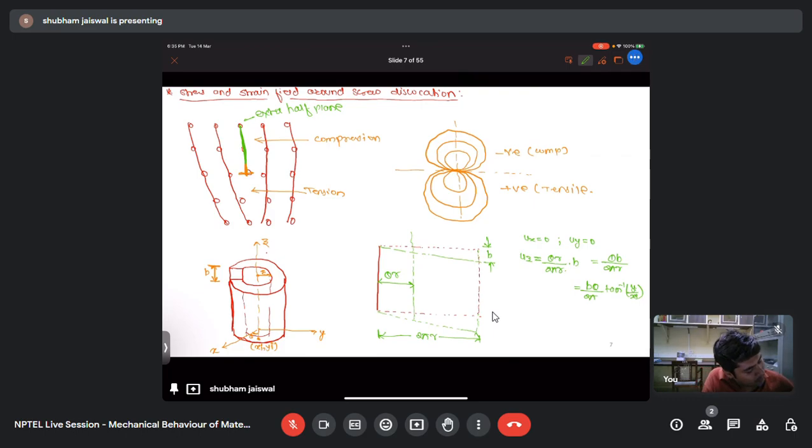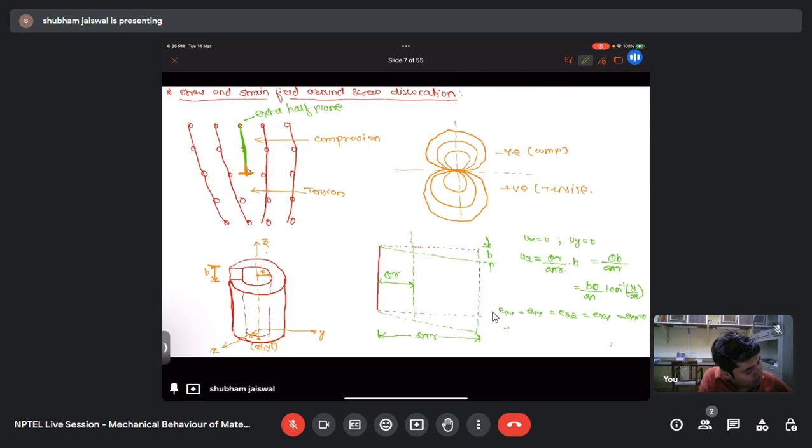So exx equal to eyy equal to ezz equal to exy equal to eyx equal to 0. Okay. So only the displacement is in the shear form, so only shear strain is acting. All the normal strains are 0, and the shear strain in xy and yx direction is also 0.